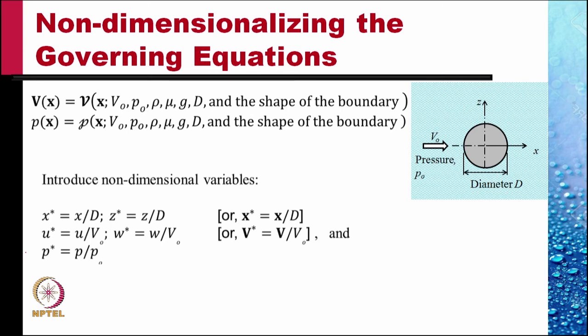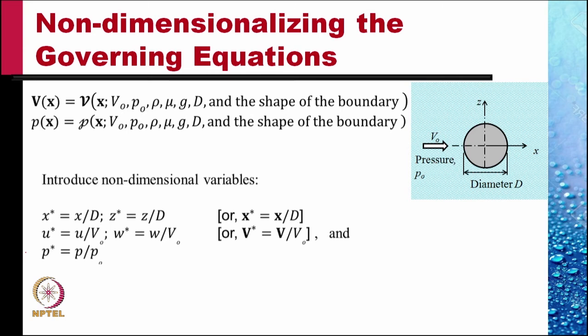This would be a natural measurement of length in this problem. So we defined the location variable x star as the physical variable x in any units divided by the diameter in those units. X in meters, diameter in meters, x in inches, diameter in inches.